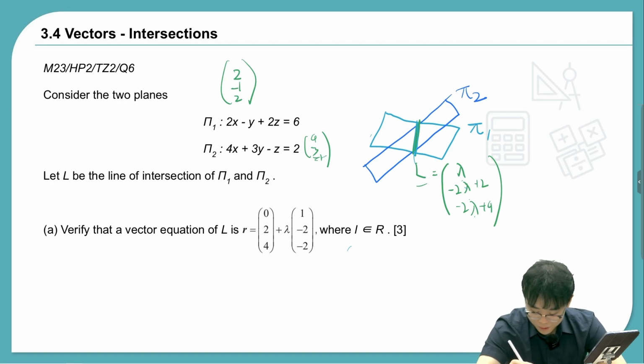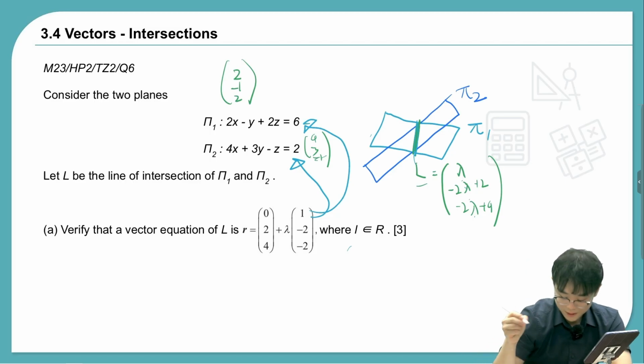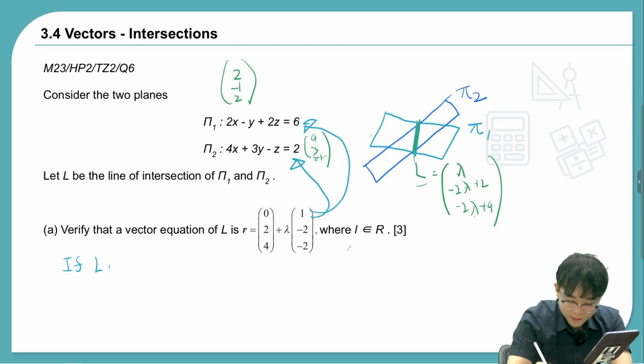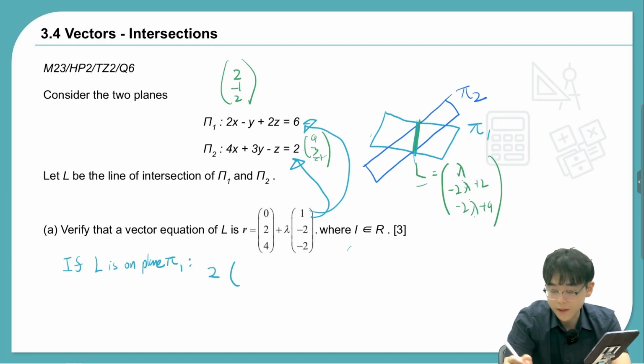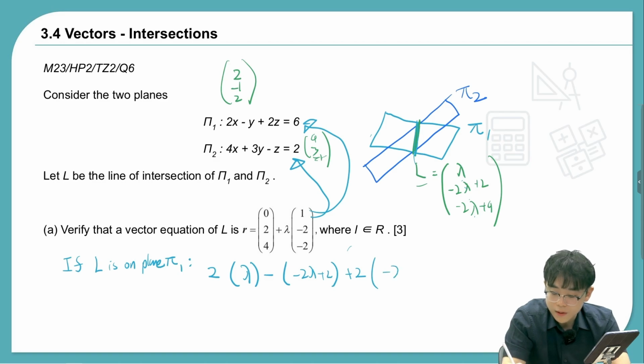So basically, we want to substitute this into this expression as well as this expression to confirm it all makes sense. So if L is on plane pi 1, right, we might say 2 times the coordinates of x, in this case, which is lambda, minus y, which is minus 2 lambda plus 2, plus 2z, where z is minus 2 lambda plus 4, equal to 6.